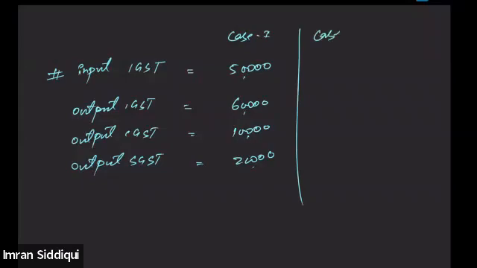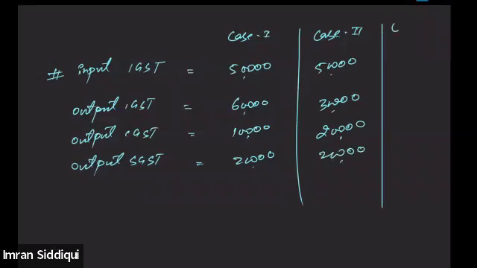Let's also presume a case two, wherein the amount of input IGST is the same, 50,000, but the IGST that we had collected is only 30,000. And then we have 20,000. And this is 20,000 as well.